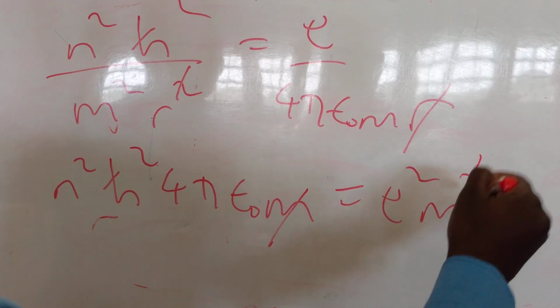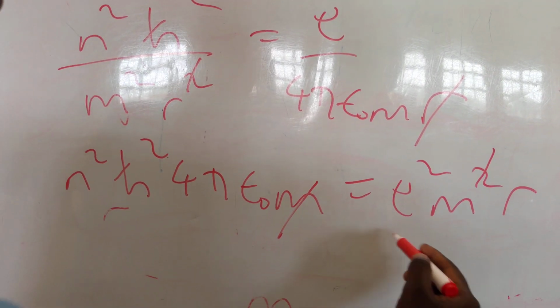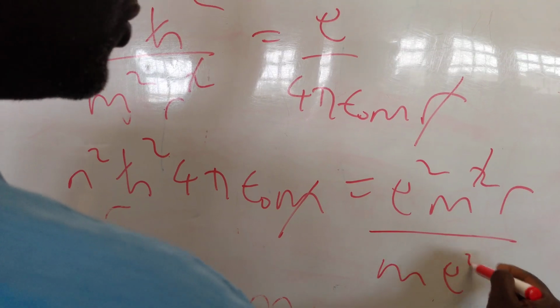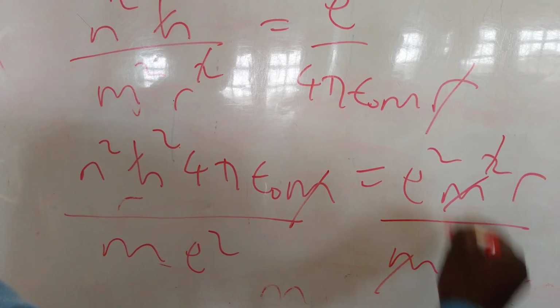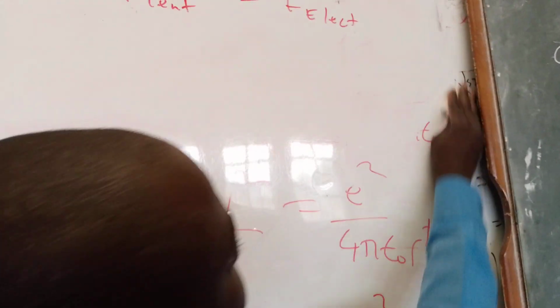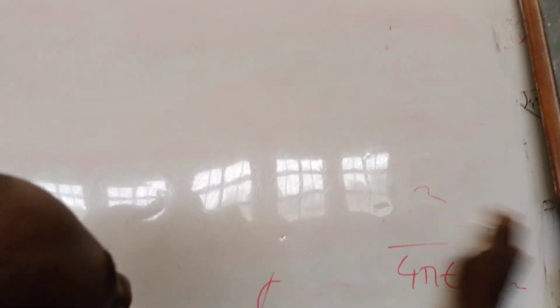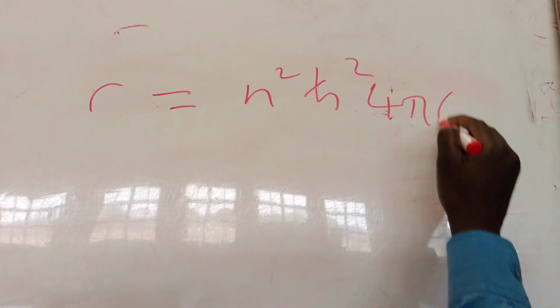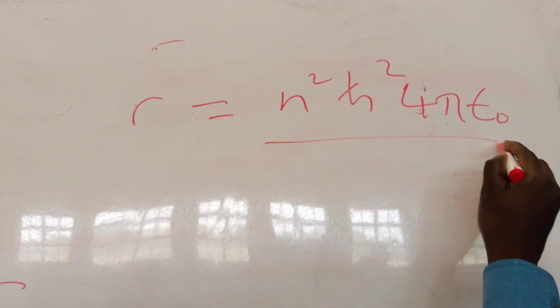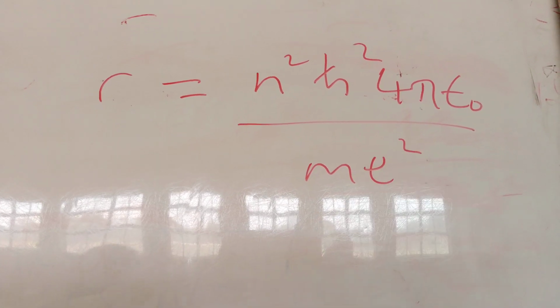Then these m's, they're going to cancel. And then we'll have m e squared over m e squared. So this will cancel. So we'll have this formula now, which is r is equal to n squared h bar squared 4 pi epsilon naught over m e squared.